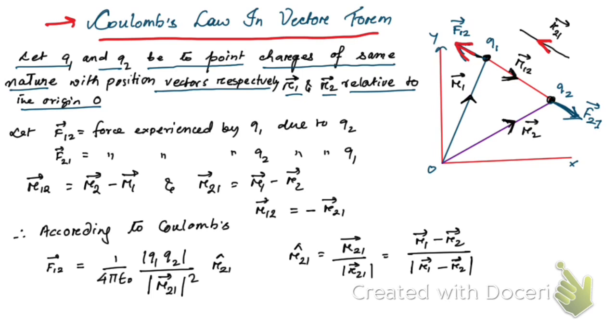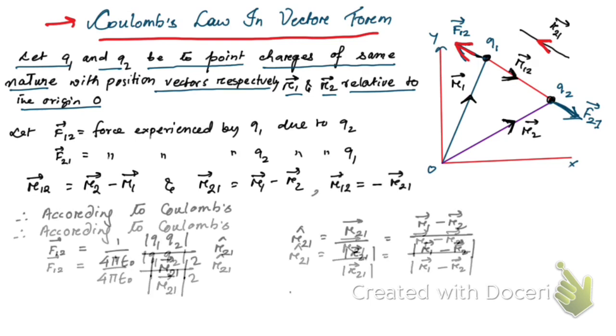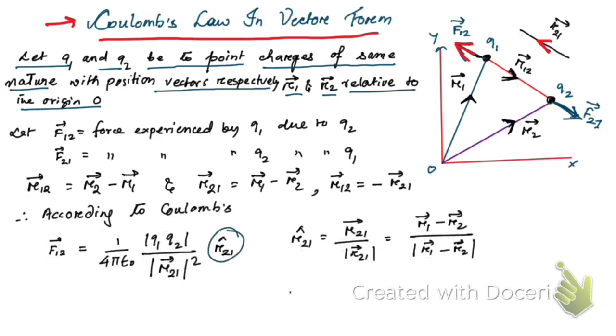So if we replace this with this result, then what are we going to have? Just wait, let me write this one here. Now let us replace this one by this, and this one by this.